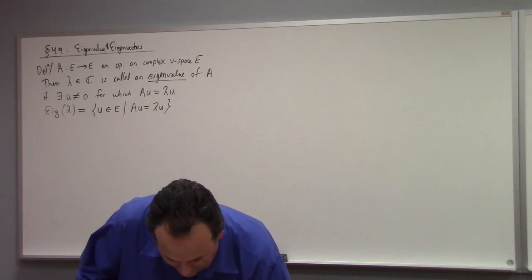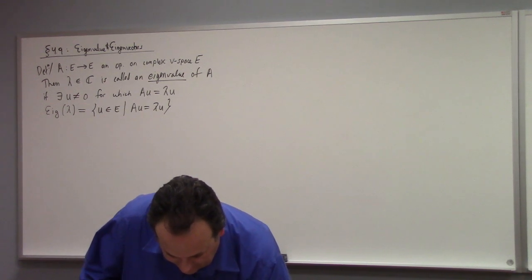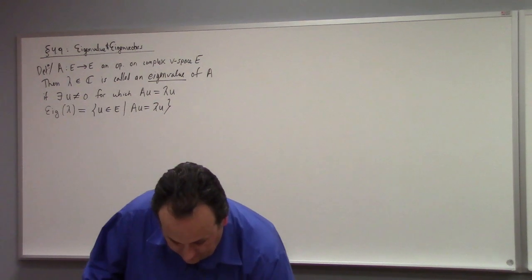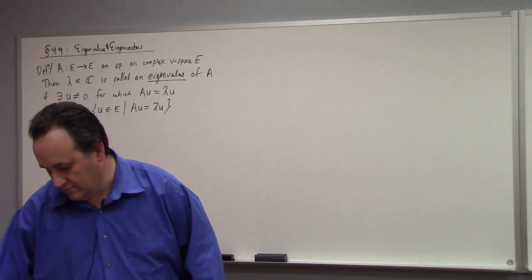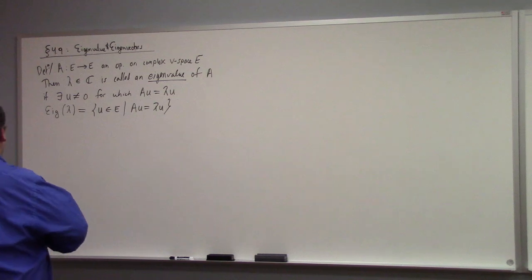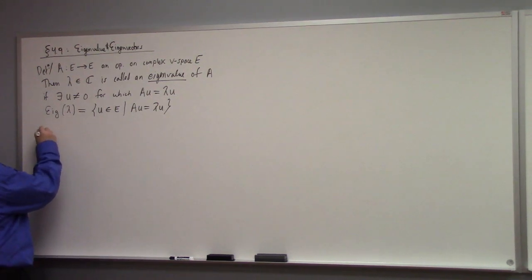Let's see here. Example 4.92. Let S be a linear subspace of inner product space E, and let P_S be the projection on S. The only eigenvalues are 0 and 1. All right. So example 1 is from a section we skipped, but that's just the reason to cover it, actually.